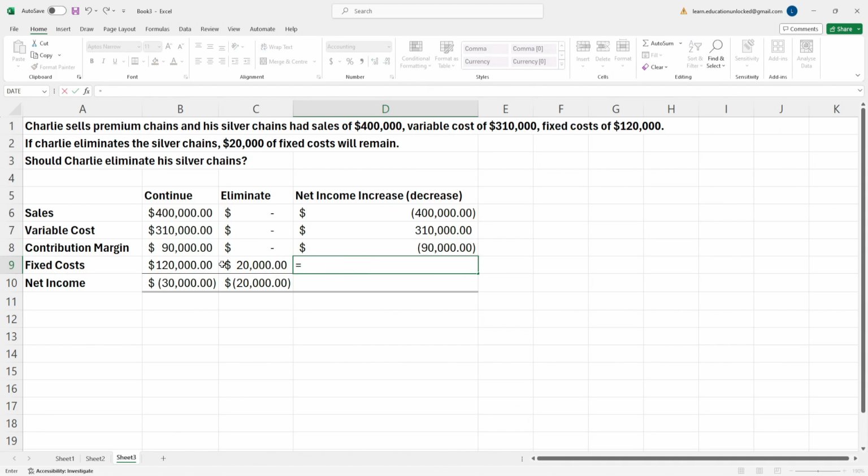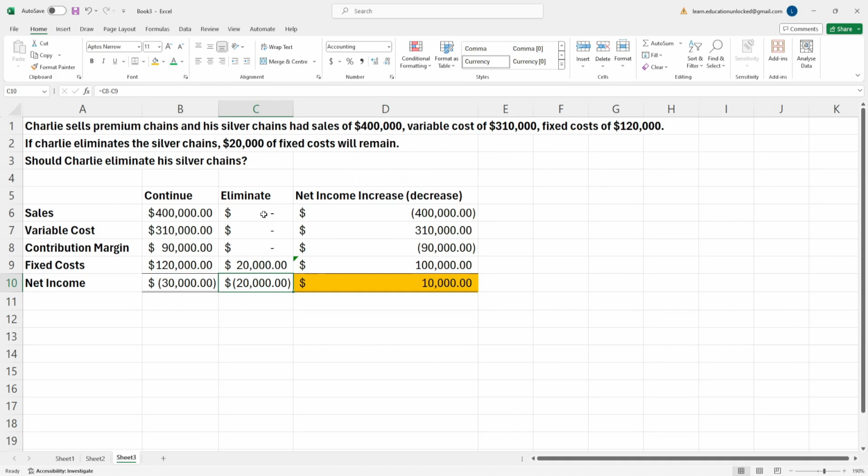And our fixed cost will be 100,000. So if we look here, our contribution margin plus our fixed cost, this should be a minus, but since we have a negative number, we have to put a plus, and it gives us 10,000. So this gives us our answer. If we do eliminate the silver chains, we will increase our net income by $10,000. So Charlie should eliminate his silver chains.